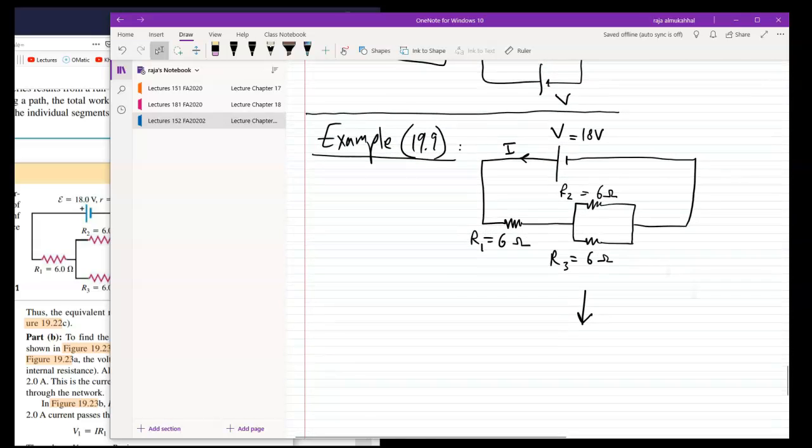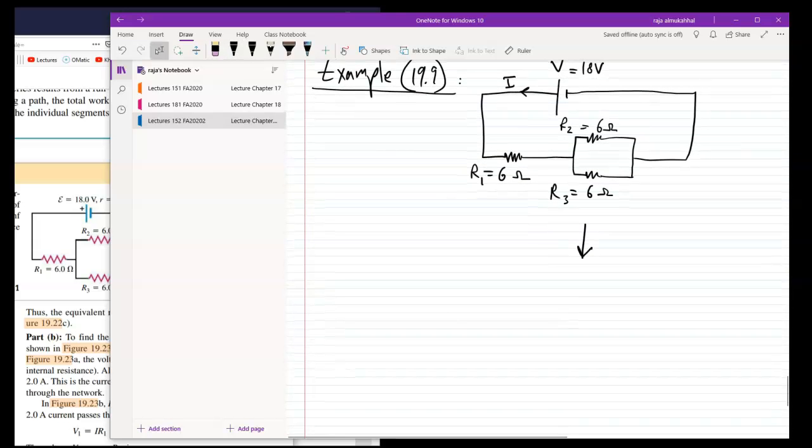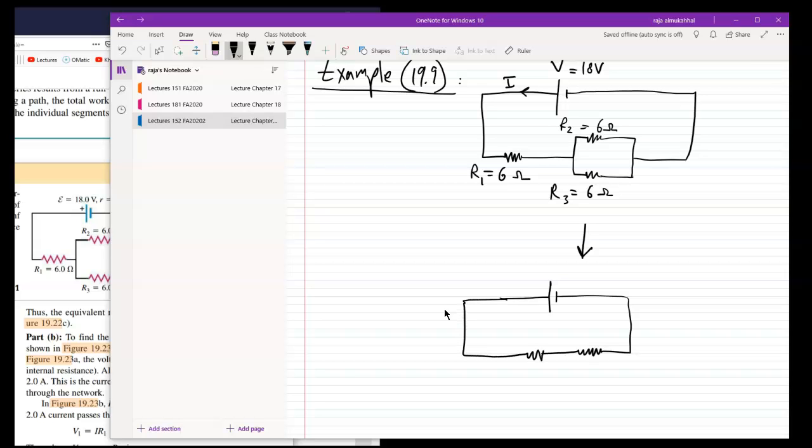So first thing you do, you basically redraw the same circuit so you won't make any mistake. Here's my battery. Here is the equivalent resistor only between 2 and 3. And then here is the old R1, so I'm going to keep R1 there and come back to it later. 6. And this is 18 volt right here.